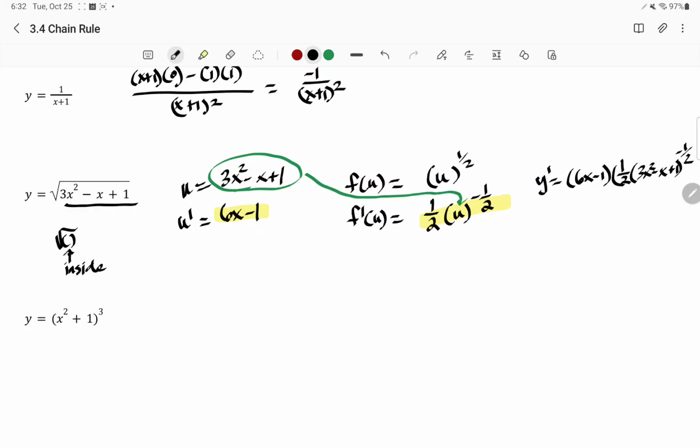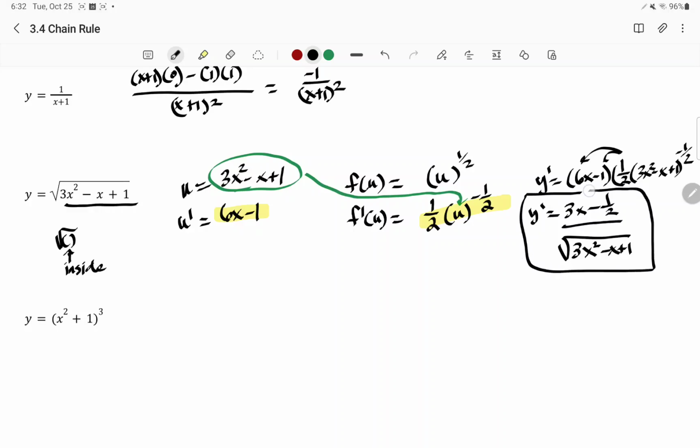There's not much further that we can go, but we can distribute this 1/2 in. So you would get 3x minus 1/2 all over the square root of 3x squared minus x plus 1. And that would be as far as you can go. I flipped it to the bottom because of that negative exponent.